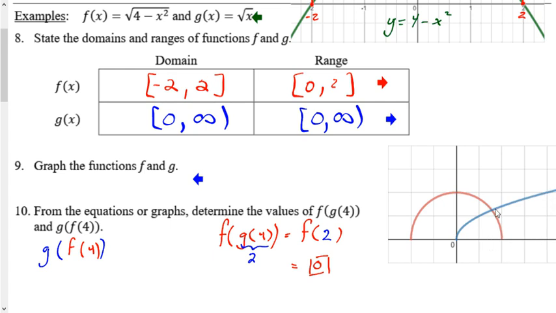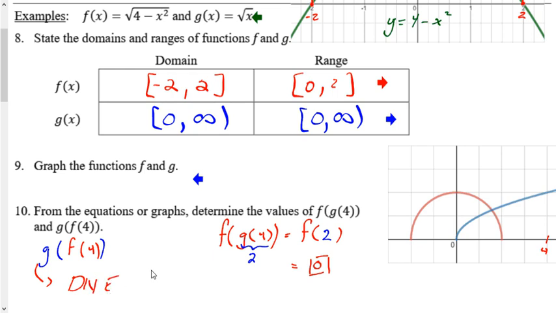So I'm going to plug in a 4 into my f of x function. Or will I? So there's a 4. My f of x function isn't defined there. So this g of f of 4, again, does not exist.